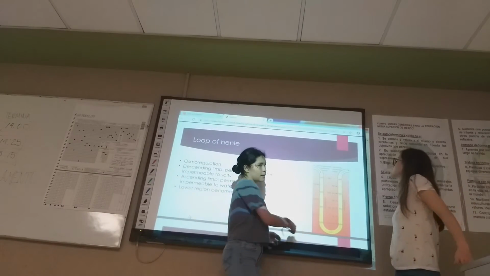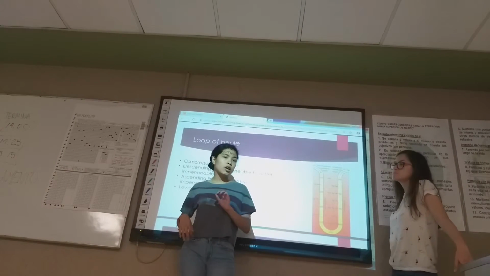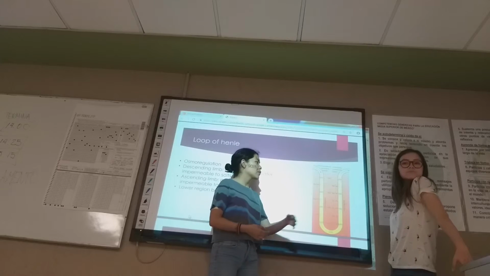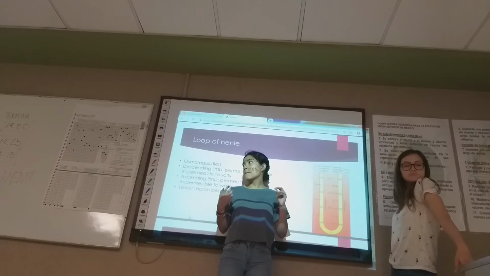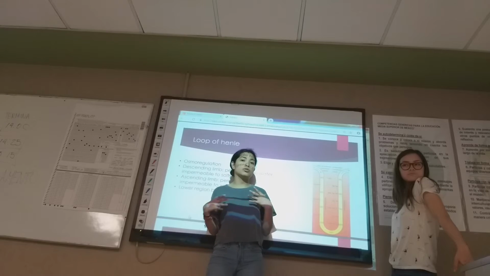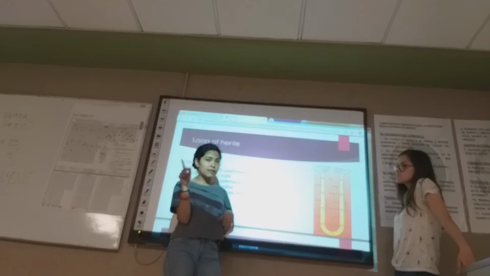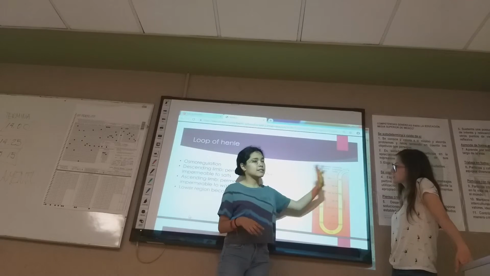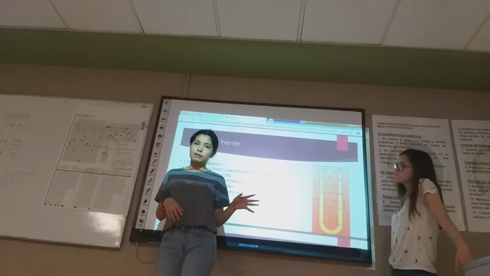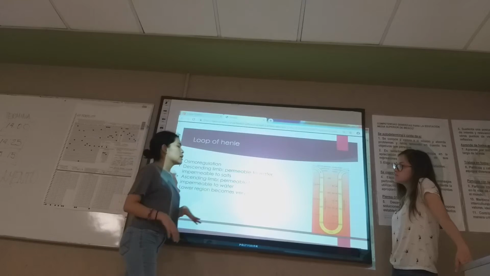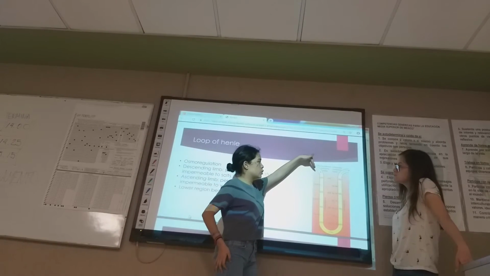The descending limb is permeable to water but impermeable to salts, and the ascending limb is permeable to salts but impermeable to water. This means that in the descending limb only water can pass, and in the ascending limb only salts can pass through the membrane.